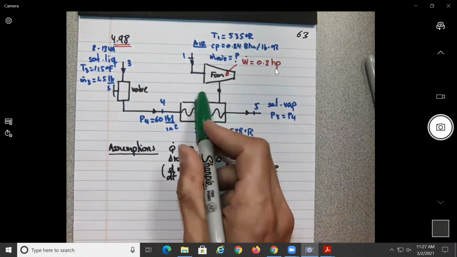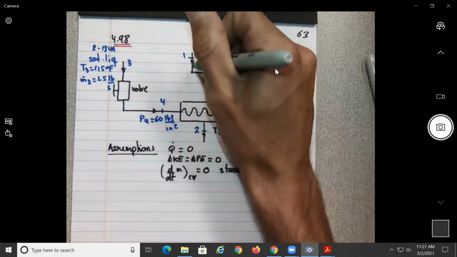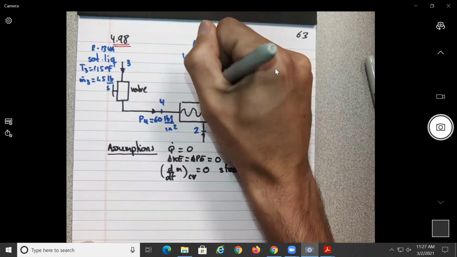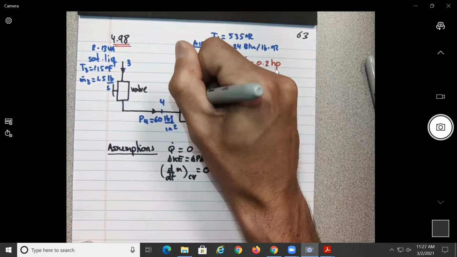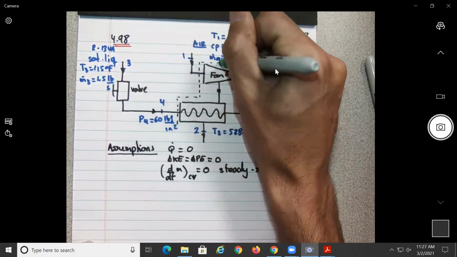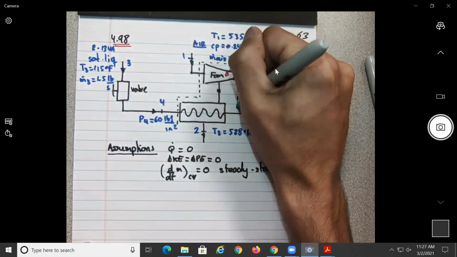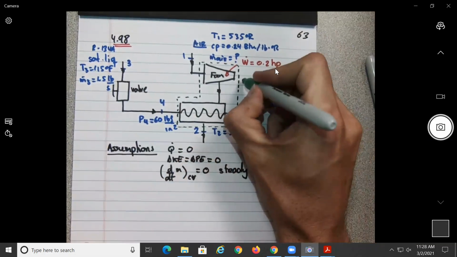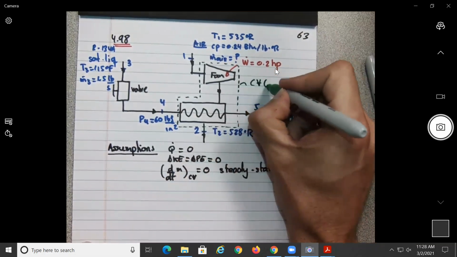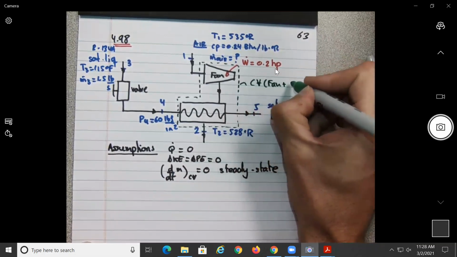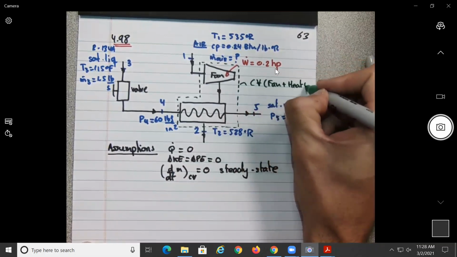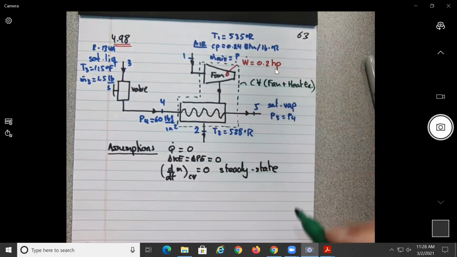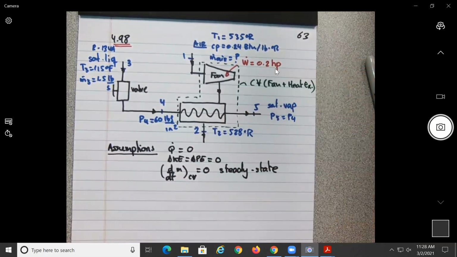But since here I don't know anything, my feeling is that let's select that our control volume is going to be enclosing the fan plus heat exchanger, okay? This is our control volume.